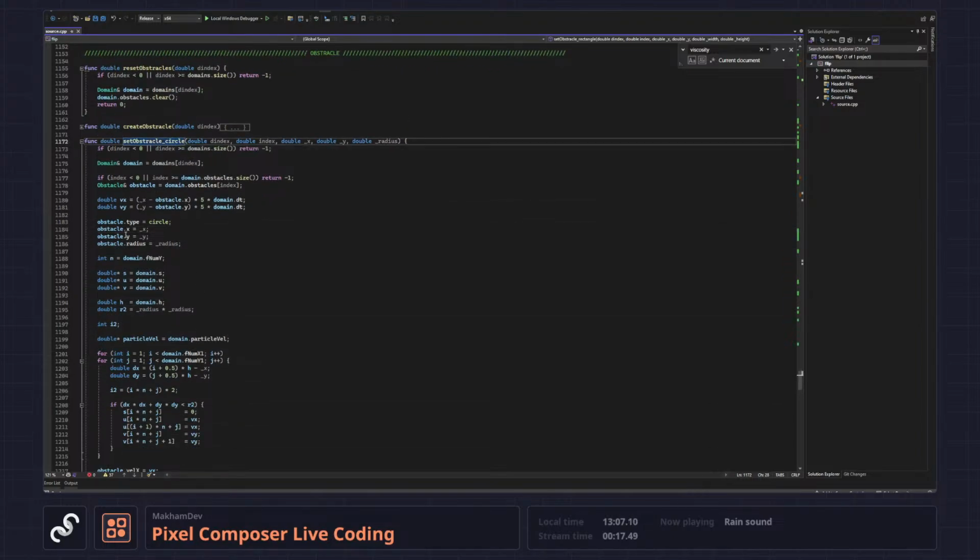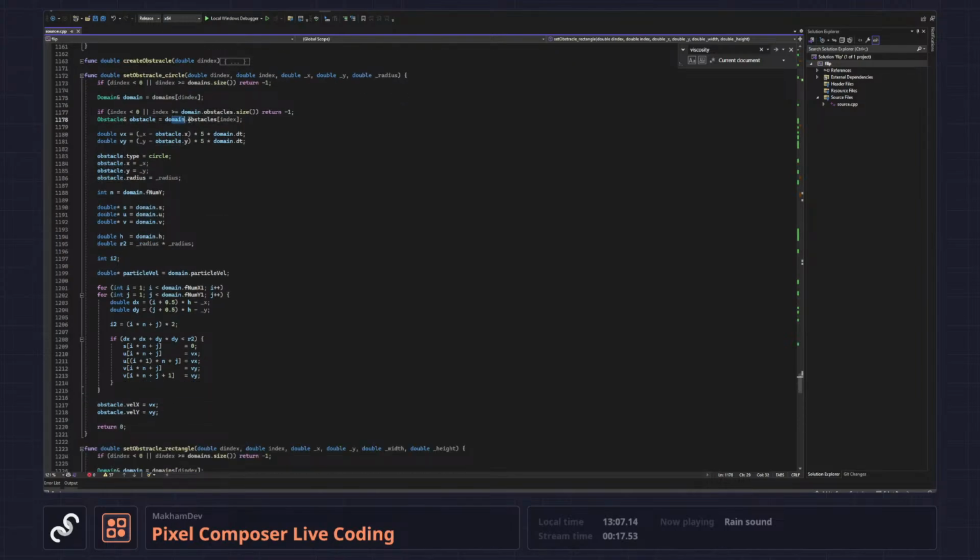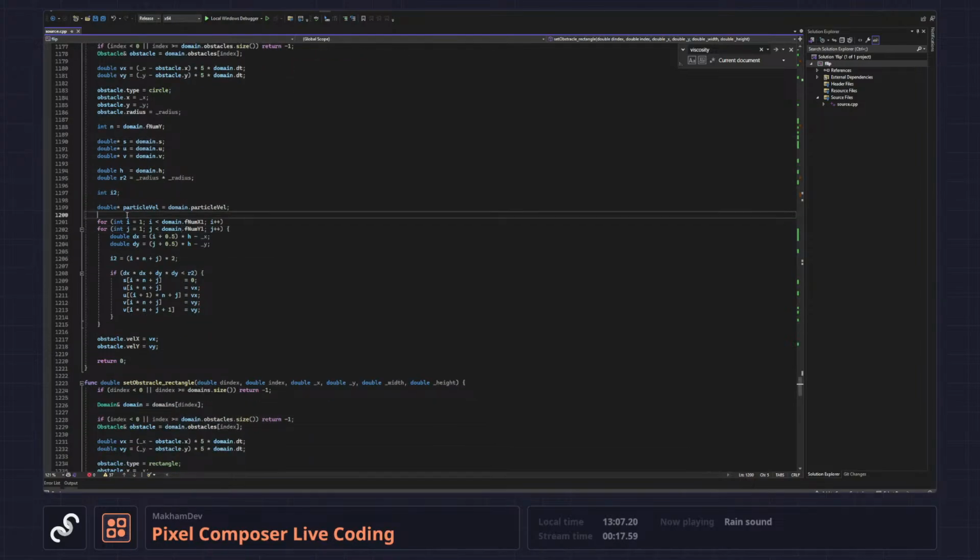Set obstacle circle. What it does is we just define an obstacle object from the list of all obstacles in the domain. We set the properties, the x, y, the radius, all of this stuff. We calculate the velocity of the obstacle by comparing it to the previous frames, vx, vy. Then we set the velocity of the obstacle into the grid.